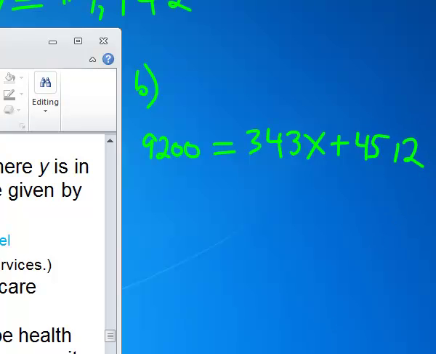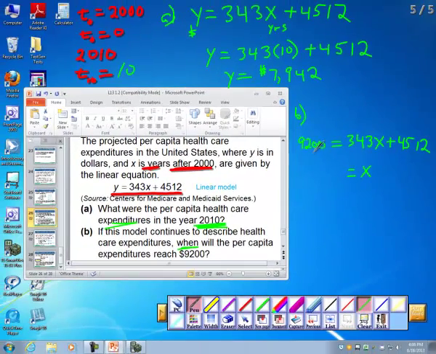Okay, so solve for X. Okay, and we get X equals what? Sydney? 2013. Very good.